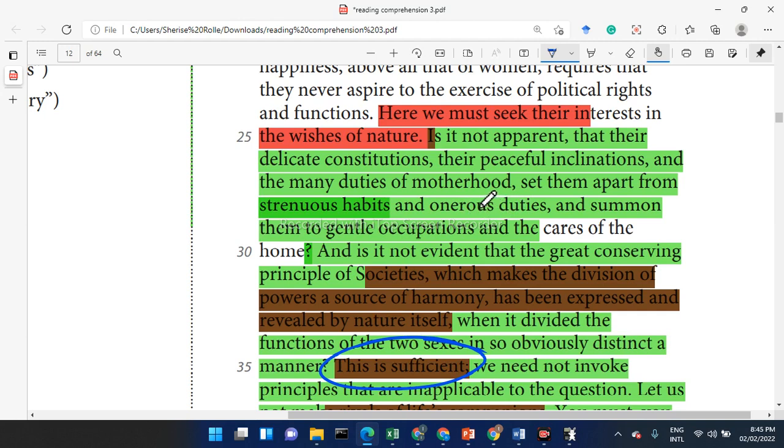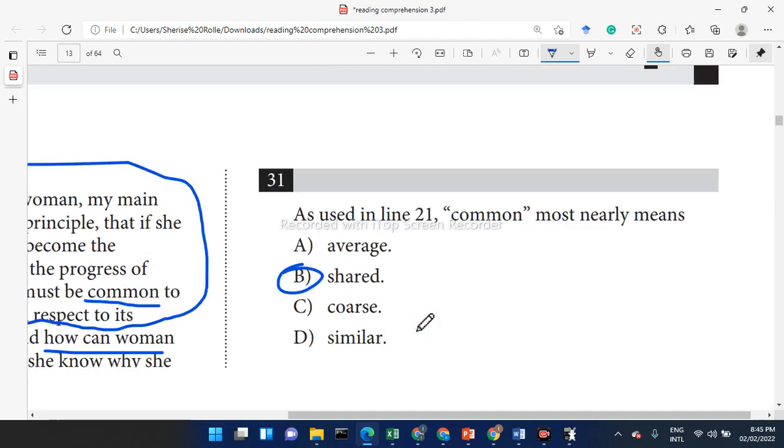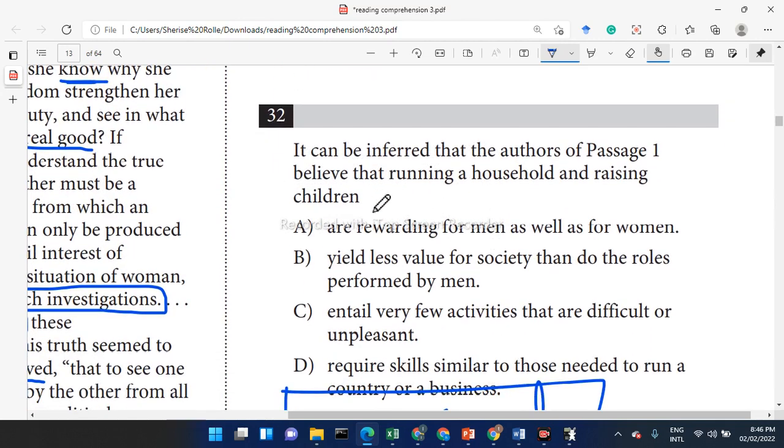Something that is difficult. So he's saying that the duties of motherhood set them apart from difficult things that require a lot of energy and strength, and summon them to gentle occupations and the cares of the home. So caring for the home, raising children, these are not difficult.